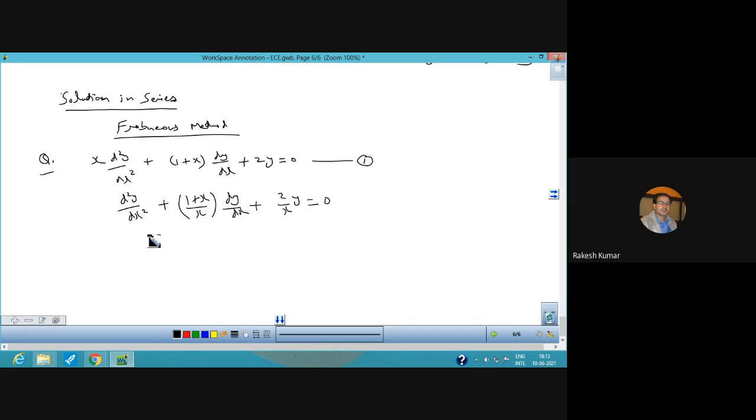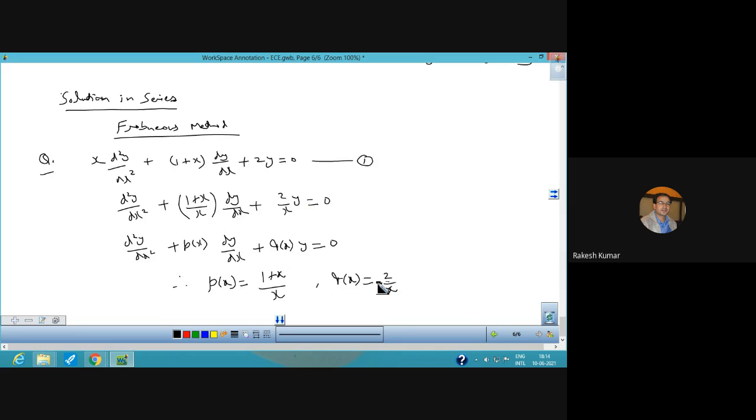Your standard differential equation was d square y by dx square plus p(x) dy by dx plus q(x) into y is equal to 0. So by comparison, you will get the value of p(x), that is (1 plus x) upon x, and your q(x) comes out to be 2 upon x.